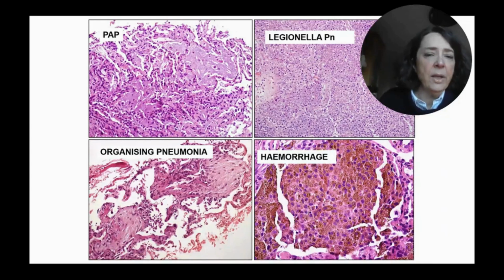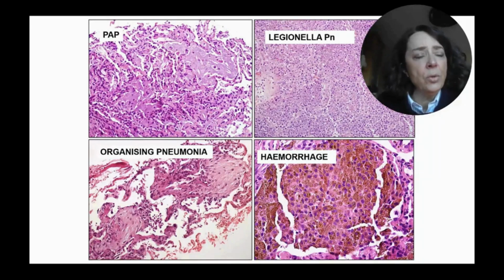The second one was the lung from a patient with Legionella, and you see the necrosis and the inflammation. So every time you see necrosis in a non-tumor biopsy, of course, you have to think of infection. And viral infection is very necrotic.